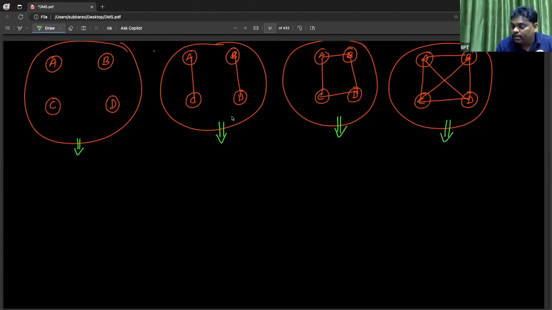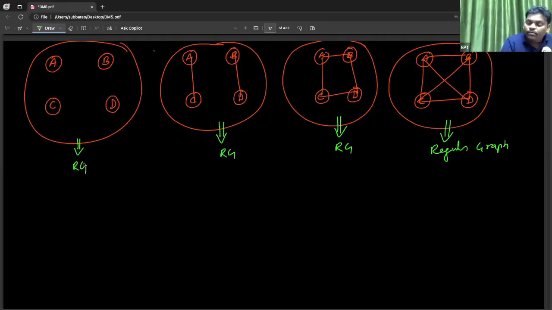Remember, in the given graph, if every person's degree is equal, that graph is called a regular graph. This is also a regular graph.